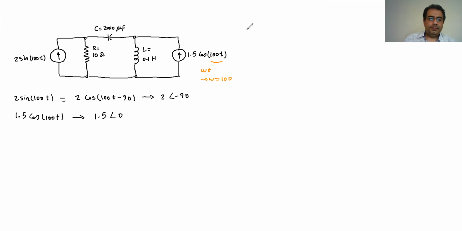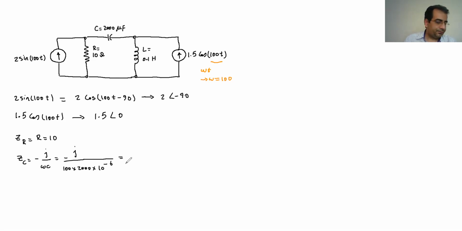So now I can start to find the impedance for each of these three as well. For the R, the ZR is simply just the R, so it's going to be 10. For the C, the ZC is negative j over omega C, which is negative j over 100 times 2000 times 10 to the negative 6.